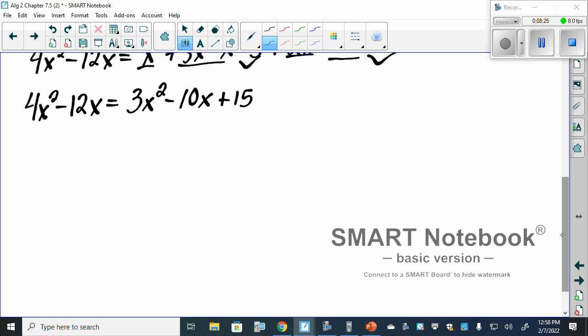So we've simplified and combined like terms on either side. Well, we do have x squared terms. We have 4x squared and 3x squared. So that means that we do need to get this equal to 0. So what do we need to do first in getting this equal to 0? Yeah, we can subtract 3x squared from both sides.